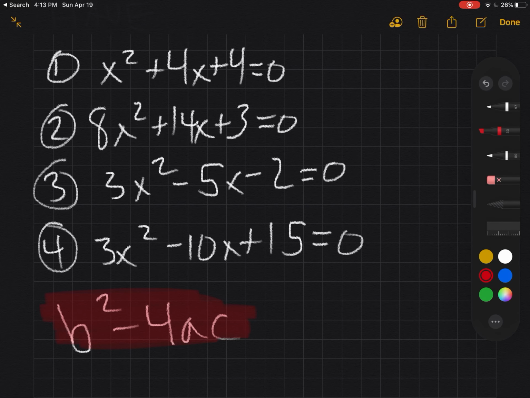And we're going to do 3x squared minus 10x plus 15 is equal to 0. And remember, our discriminant is b squared minus 4ac. It's just that tiny piece of the quadratic formula. That's our discriminant. So let's go ahead and go through each one of these and label what is our b. So I see the b term.